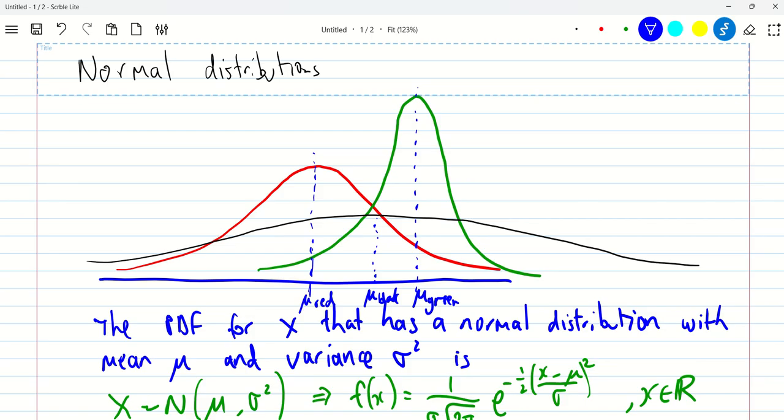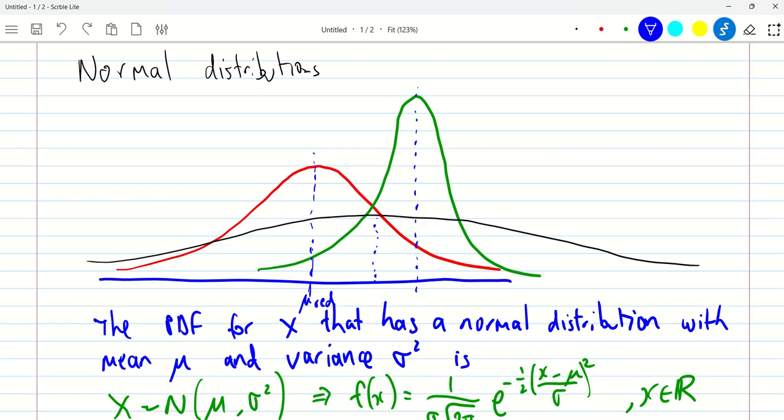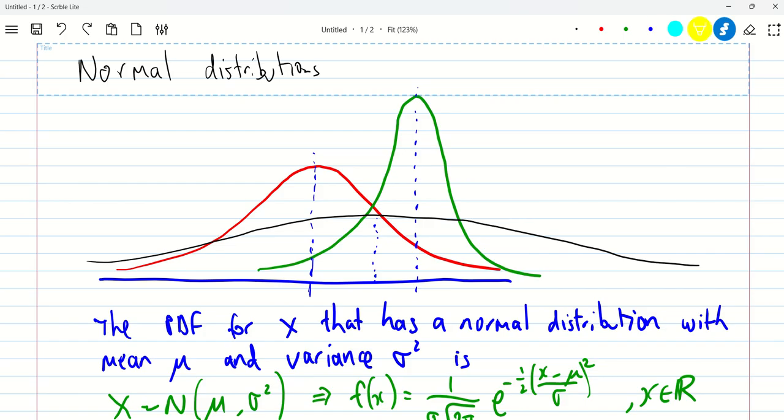The other measurement that we have for normal curves is the standard deviation. The standard deviation tells you about the width, about how wide it is. You see how the red one is reasonably wide, so averagely wide. But the green is a lot thinner, a lot skinnier, all packed together. And the black one is really wide, it stretches out really, really wide.